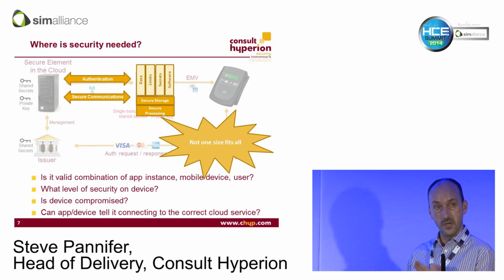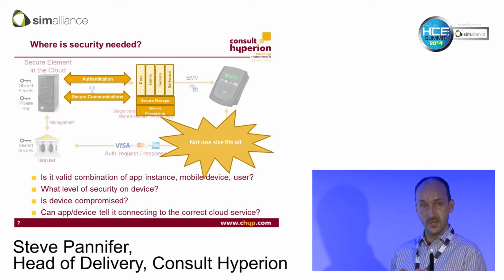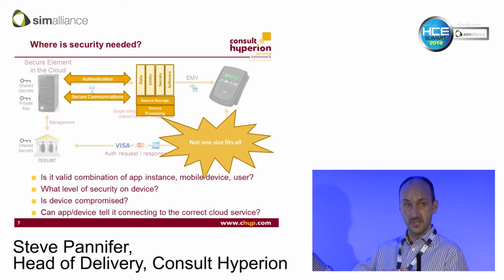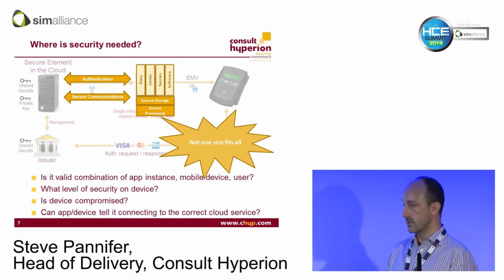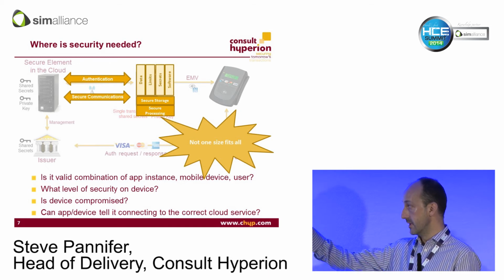How does the device know that it's connecting to the correct issuer and not to some spurious site that's trying to phish details? Equally important. And then across those 2, how do you make those communications secure, so that you can't have a man in the middle or someone compromise the delivery of that information from the cloud into the device so that it can then perform a transaction.